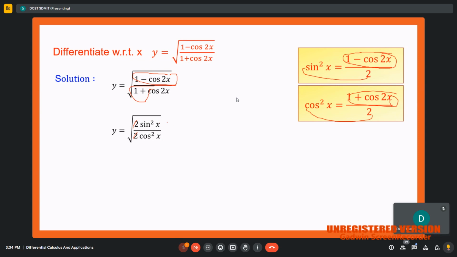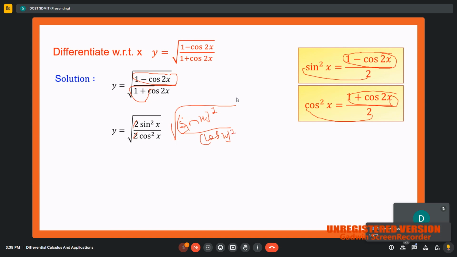Here, we can write sin square x divided by cos square x as square root of sin x whole square divided by cos x whole square.